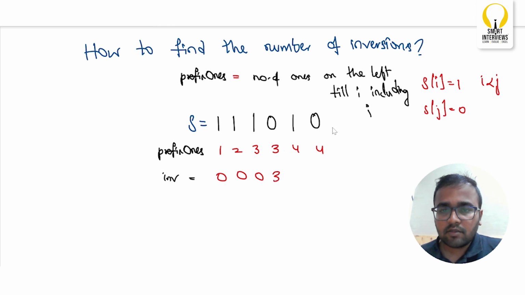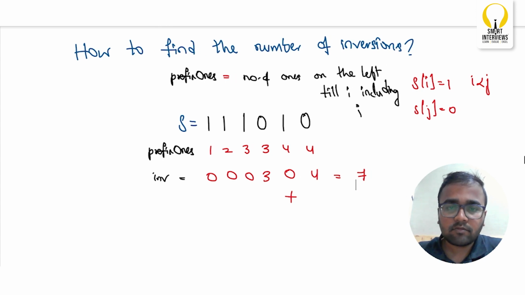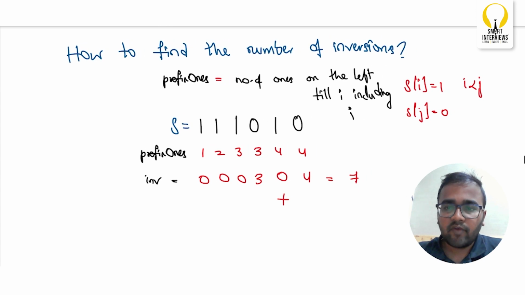So 3 inversions, here 0 inversions, 4 inversions. Adding this, 3 plus 4 is equal to 7. This is how you are going to get the number of inversions. Fine, I hope you understood how we are going to calculate the number of inversions. You'll understand it better while we are coding it up.